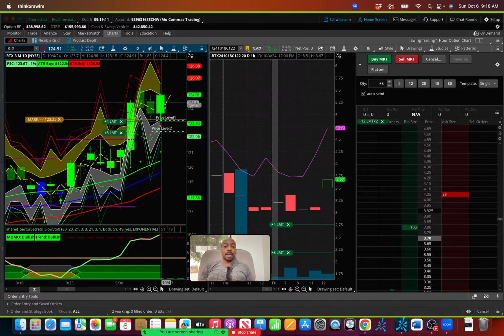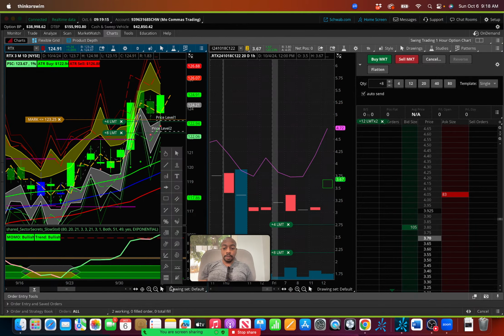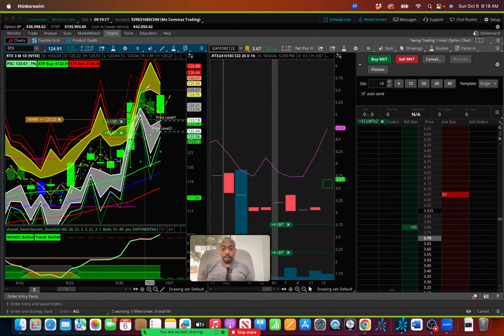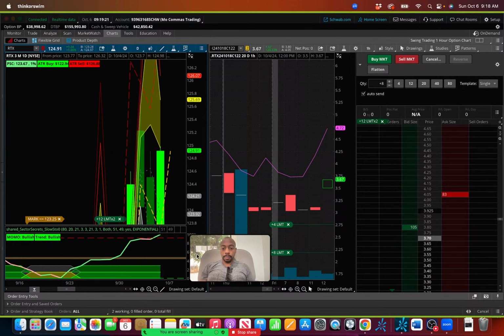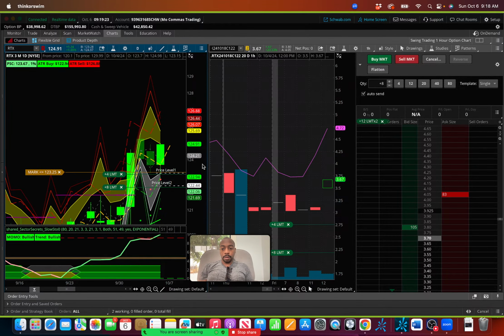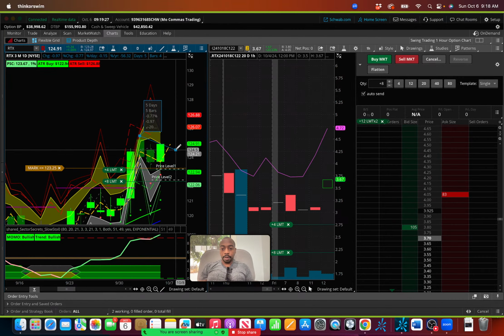And bull flagging is a bullish pattern. But a lot of people take the bull flag entry here.